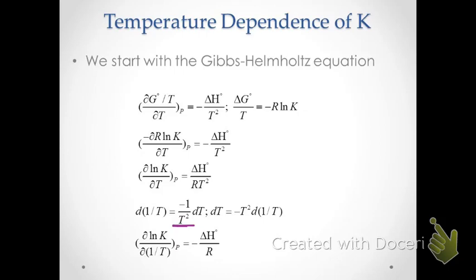So if we take this expression and solve for dT, we find that dT is equal to negative T squared times d of 1 over T. Then we substitute that for dT, and doing a little bit of algebra again, we find that the T squares cancel out, and we're left with an expression down here which gives us the derivative of the natural log of K with respect to 1 over T is equal to negative delta H naught over R. You notice that we no longer have a temperature term on the right side of the equation.